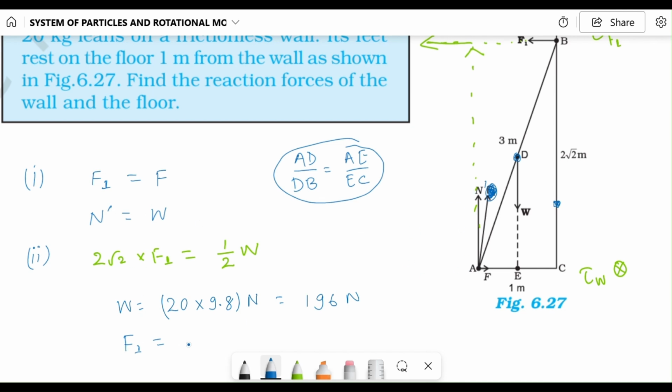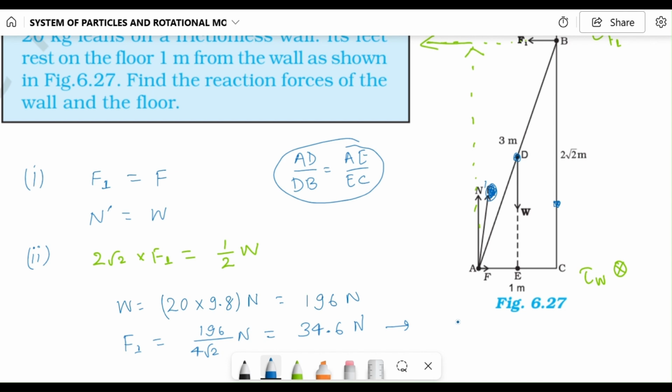So F1 will be how much? 196 divided by 2, and again this is going to be transposed to this side, so it will be 4 root 2 Newton, and we can calculate how much it should be, and this will be 34.6 Newton. You can calculate it by yourself. So here we have got the reaction force due to the wall on the ladder.